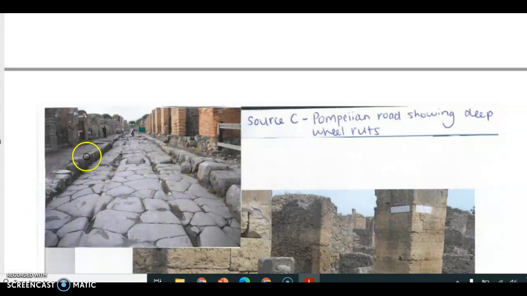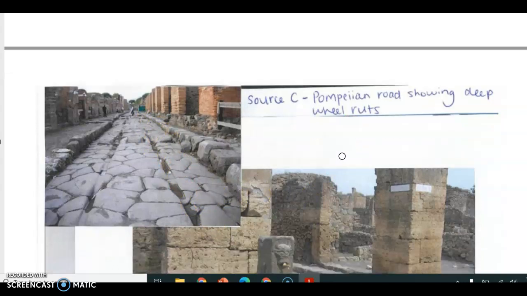We've got the curb and the road, and there are these two indents here, which is just wear and tear on the road over time from the wheels of heavy carts. The evidence of these wheel ruts is the biggest clue that Pompeii was a really busy town because it has heavy traffic. Whereas in Herculaneum, we don't have any wheel ruts. That's a big difference. In Pompeii streets, you'll see evidence of heavy traffic. In Herculaneum, you won't see this.